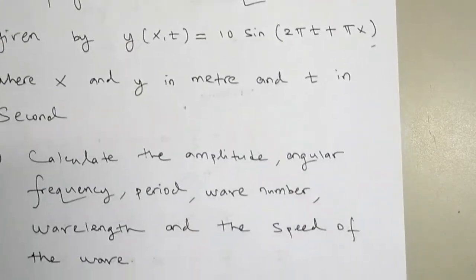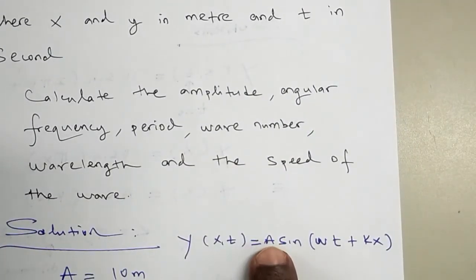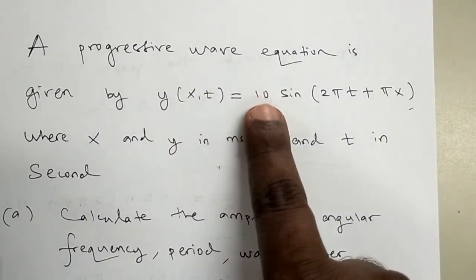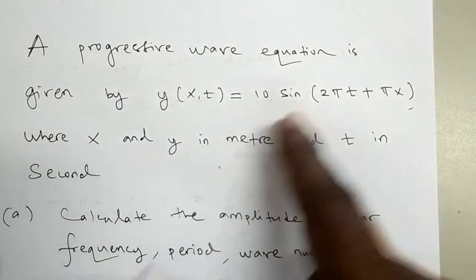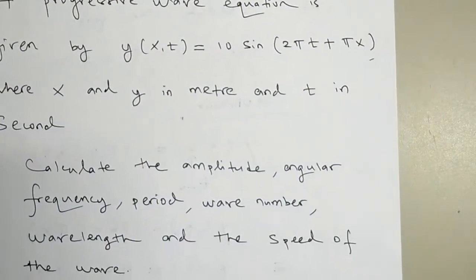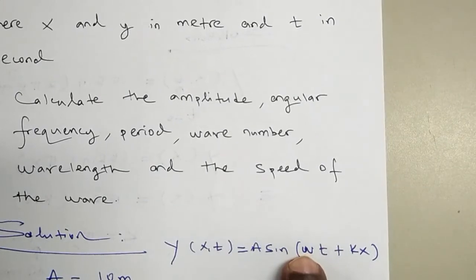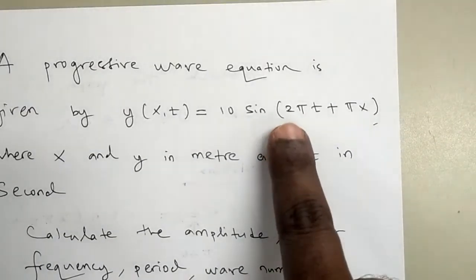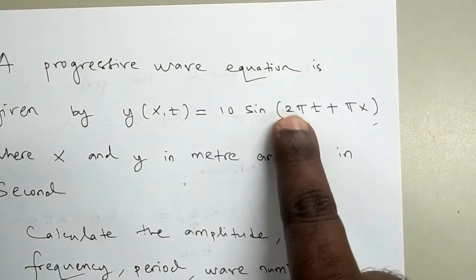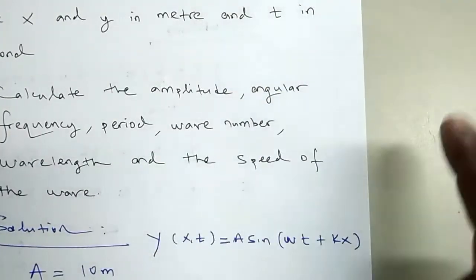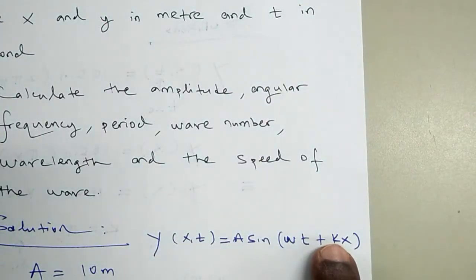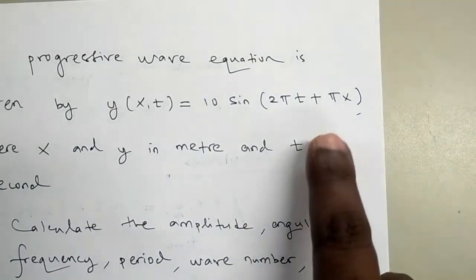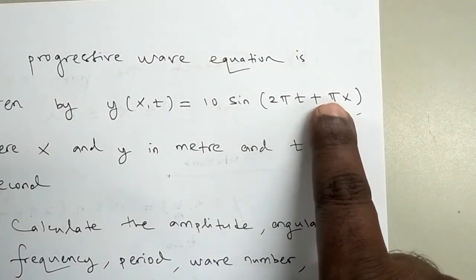So the amplitude here is 10 meter, angular frequency omega is equal to 2 pi radian per second, and wave number k equals pi per meter.